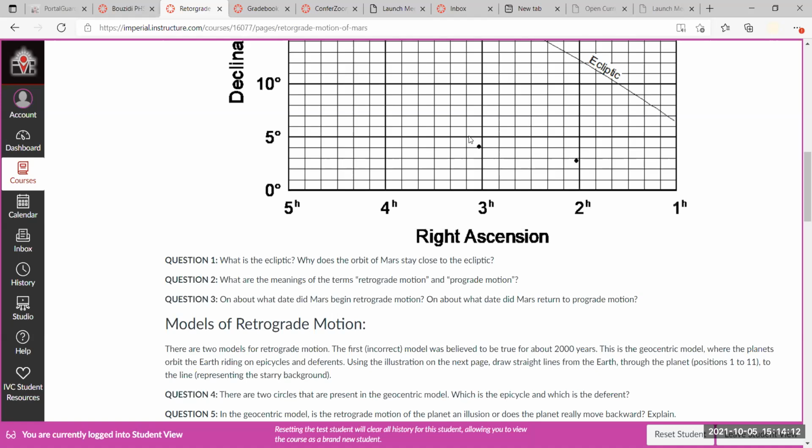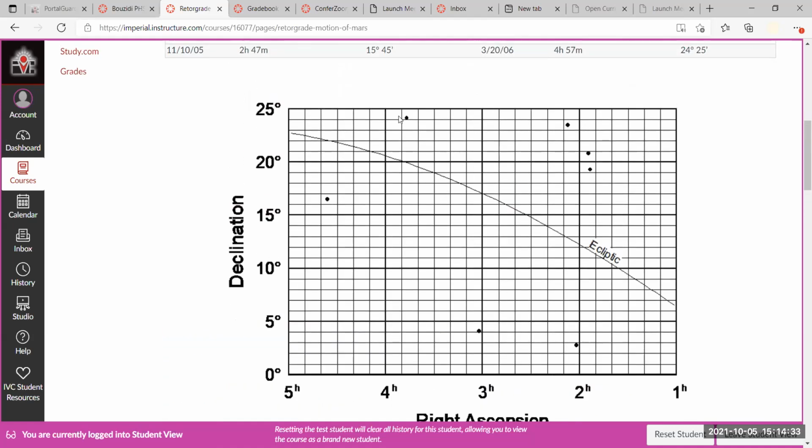So this would be the position. If I draw a line, the two lines meet somewhere in here. So I draw a dot in here. That's where Mars was on that date, which was July 10th of the year 2005. Okay? These dots that you see in here, those are the background stars.